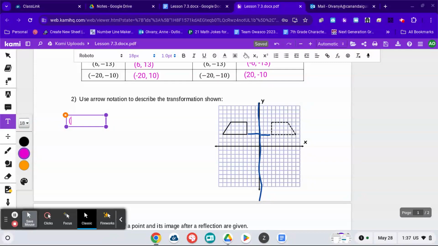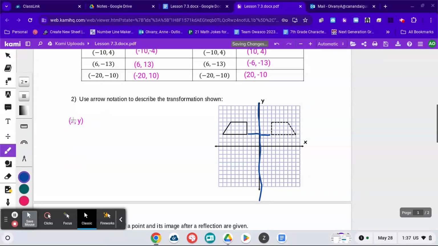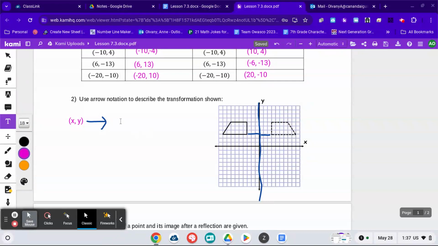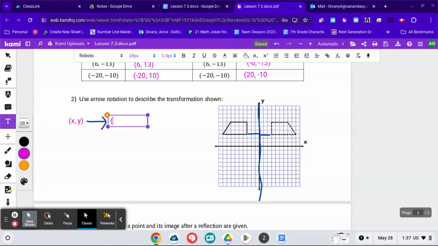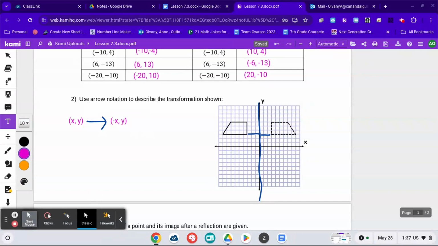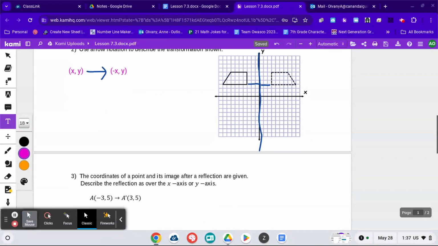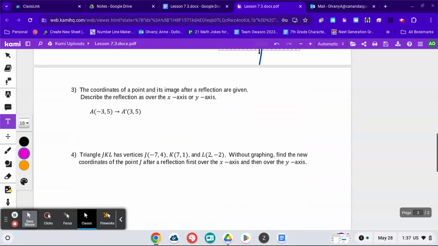Our arrow notation always starts with x, y, and then we draw an arrow to say what it becomes. And if we're reflecting over the y, y stays the same. So there's your arrow notation. These are notes you can check to make sure yours looks the same.